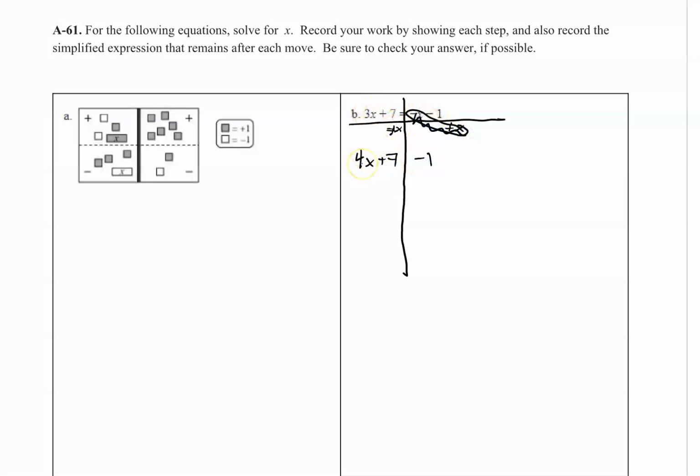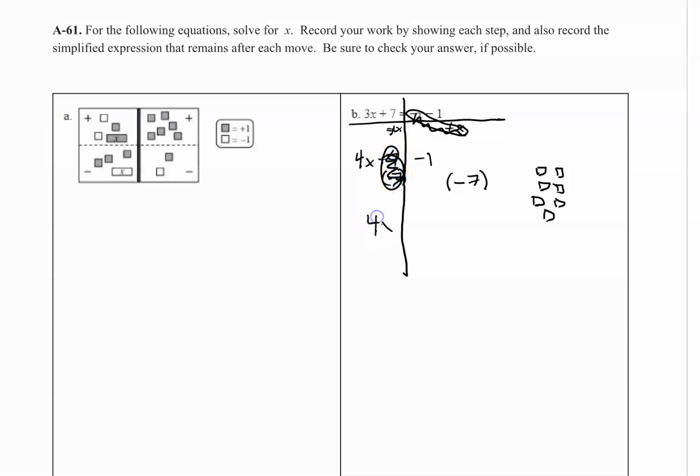Okay, now we need to get x alone. So something else we can do is put negative 7 little white tiles on each side, if you're thinking about the tiles. But to keep it balanced, we got to do that on each side. And the reason we did that is, look, we have a 0 pair. So positive 7, negative 7, those are gone.